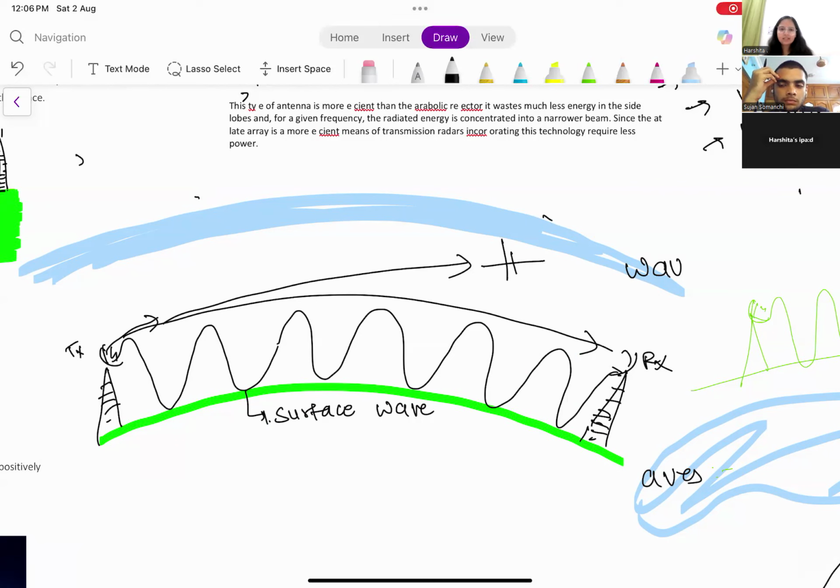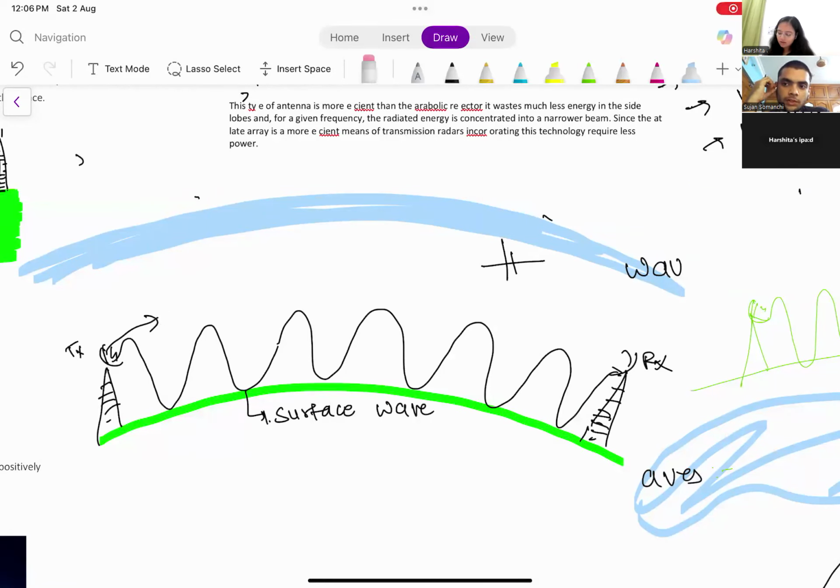So both of them act as receivers. If the transmitter sends a wave and it is directly received by an aircraft, this is known as a direct wave, right?